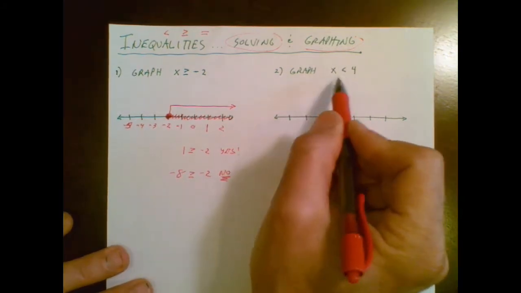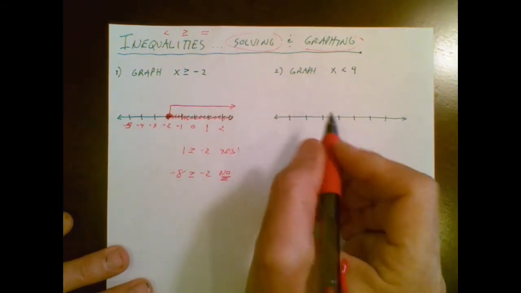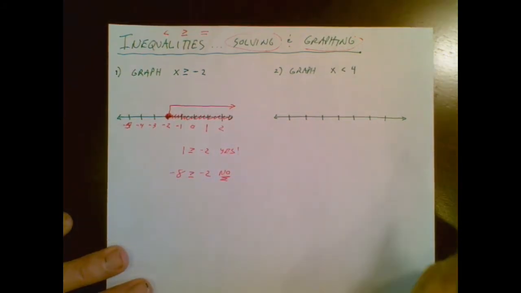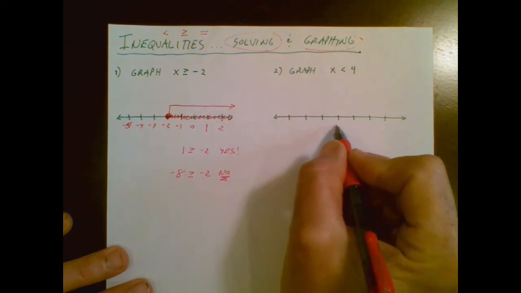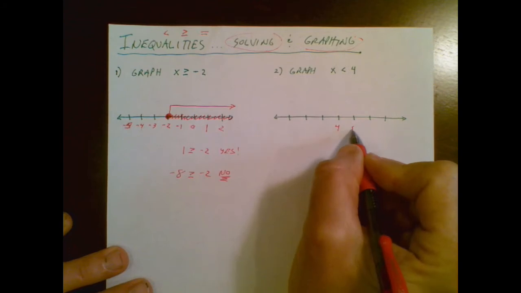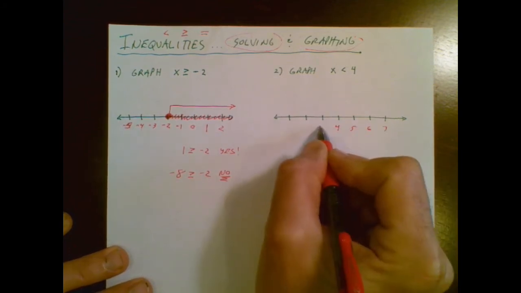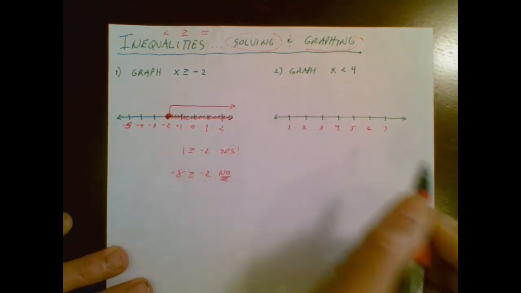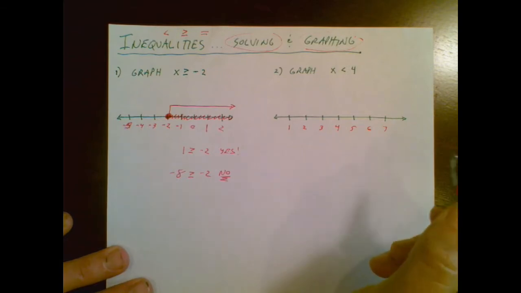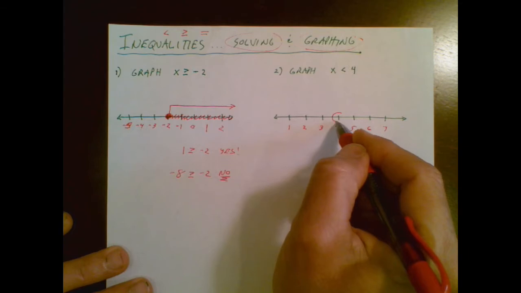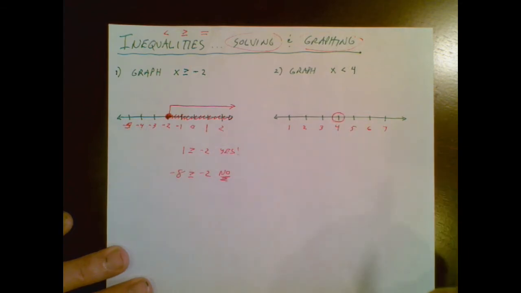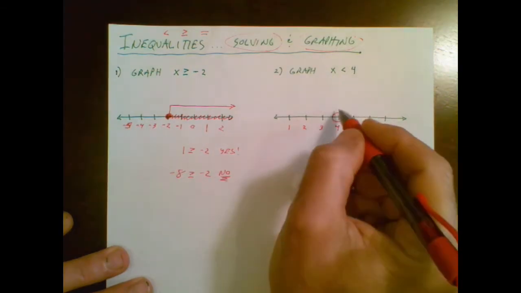So here we go over here, graph x is less than 4. Now we're in the land of positives. That makes things a little easier to understand. I'll put 4 kind of right in the center. And then filling out the number line from there is usually not as difficult because you're in the land of positives. But notice I'm going to do something different here. I'm going to do an open circle around 4. And it says x is less than 4.